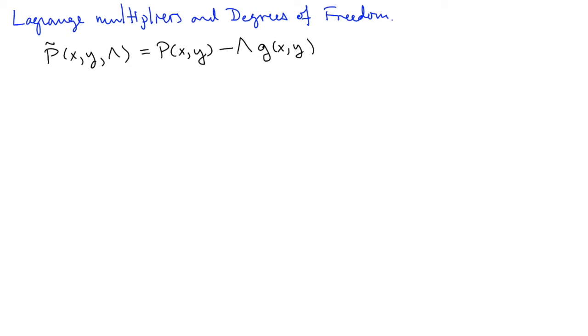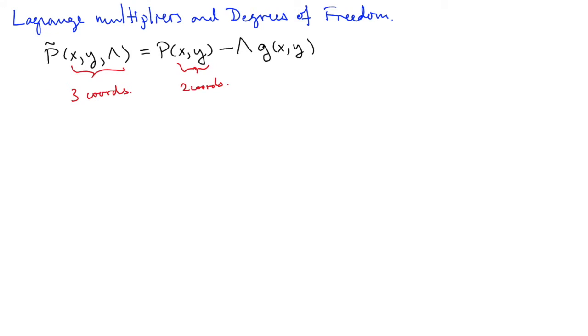Okay, so here we have 3 dimensions, 3 coordinates. And over here, we only had 2 coordinates. So how is this the same?